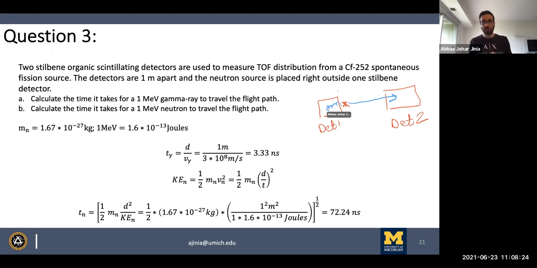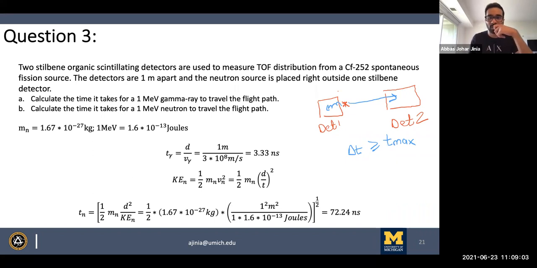If this were from the same fission event, then the time difference between the two cannot be greater than a certain value. What we can do is set up a coincidence time, an interval between the two detectors. Meaning if your delta T exceeds a certain number, say T max, then you know that these two particles are not correlated.